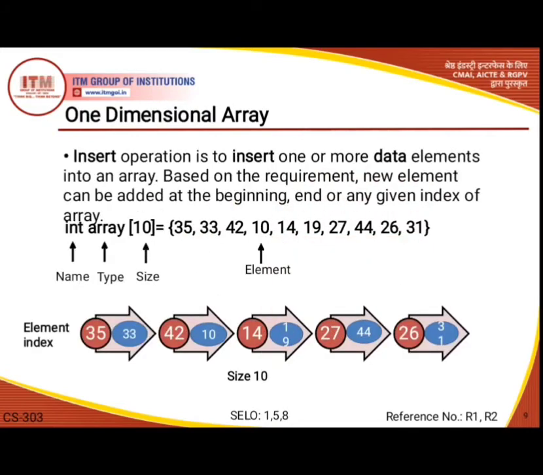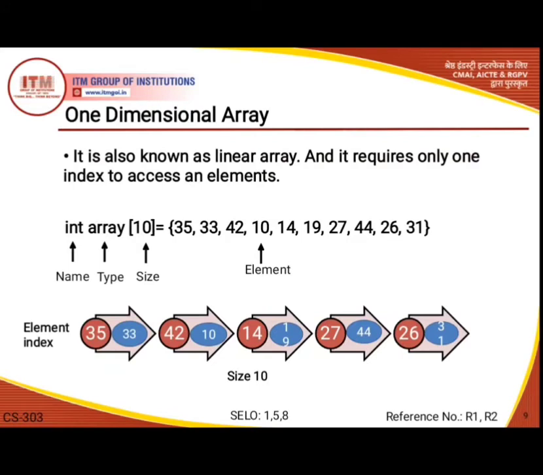Okay, now what is a one dimensional array? Basically, a one dimensional array is used where the insert operation is to insert one or more data elements. The first one is the one dimensional array, also known as a linear array, and it requires only one index to access an element.